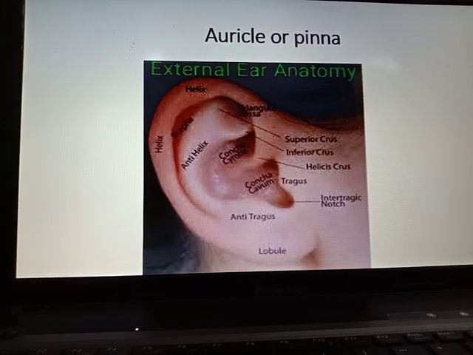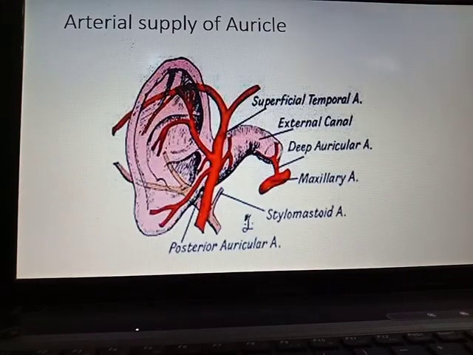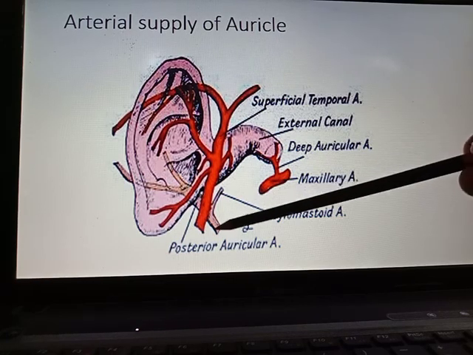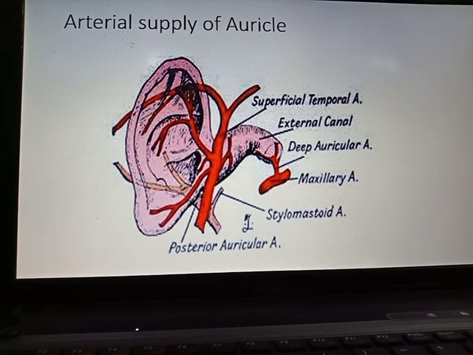Okay. Then come to the arterial supply of this auricle. The posterior auricular branch of the external carotid artery. This is the posterior auricular branch. It comes from this external carotid artery. It provides blood supply to the auricle. And an anterior auricular branch of the superficial temporal artery.